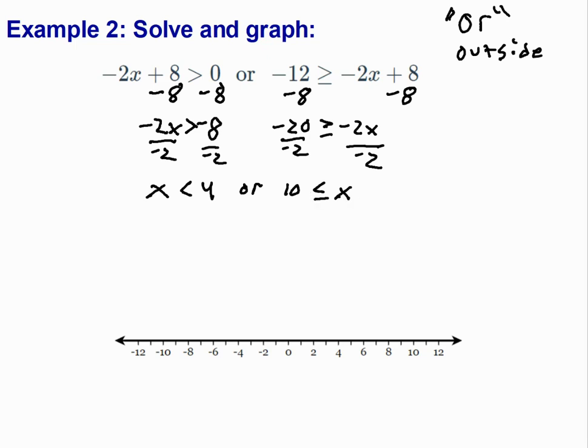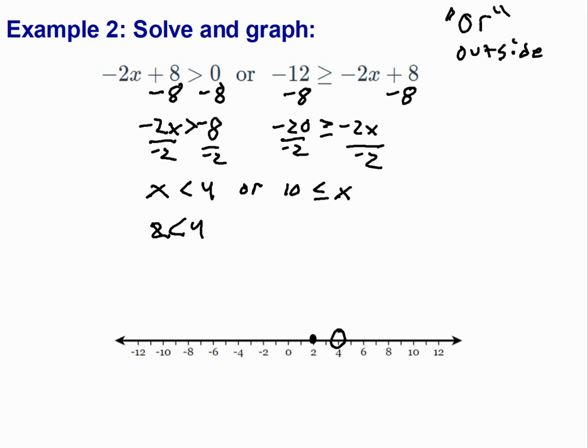Okay, so looking at this, when I go to graph it, I'm going to say, okay, x is less than 4. What's a number that falls into that? Well, 2 is less than 4. So if I put my circle at 4, no need to fill it in because there's no equal to bar. And I'm going to put a dot at 2, so I know that I'm going to be shading this one this way to the left.